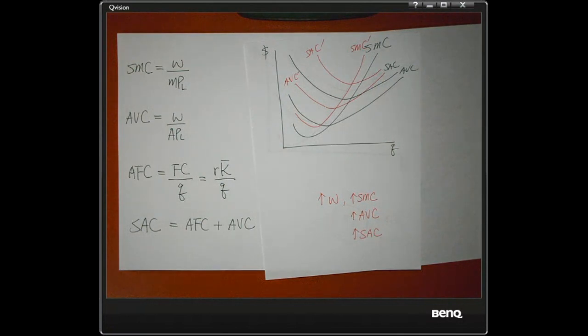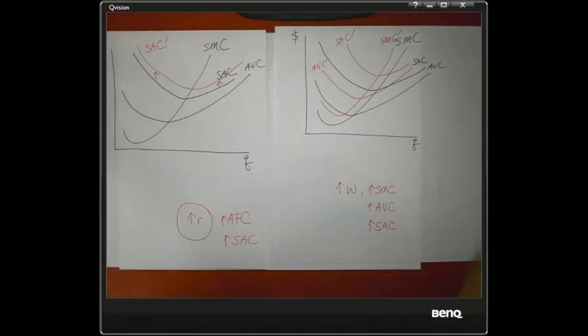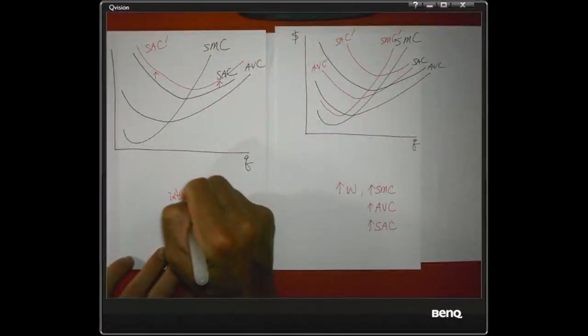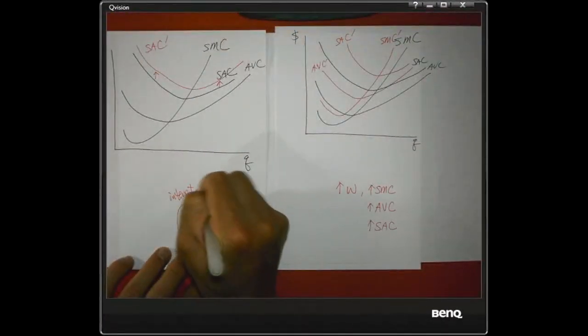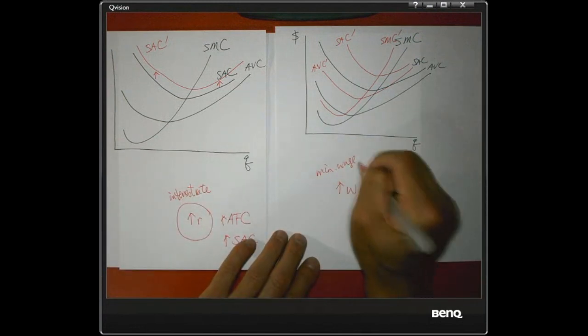So increase the unit cost of capital input, like interest rate, compared to the increase in the unit cost of labor, like minimum wage. Look at this. This is like the interest rate going up. This is like the minimum wage going up.